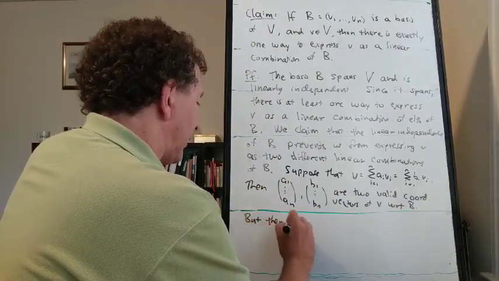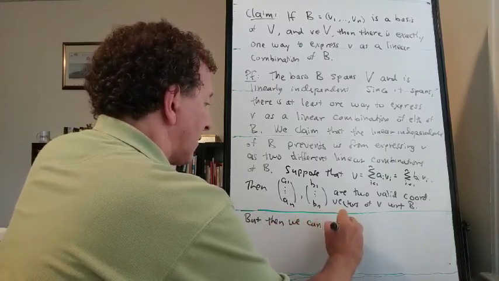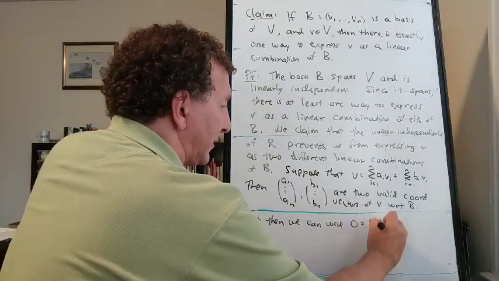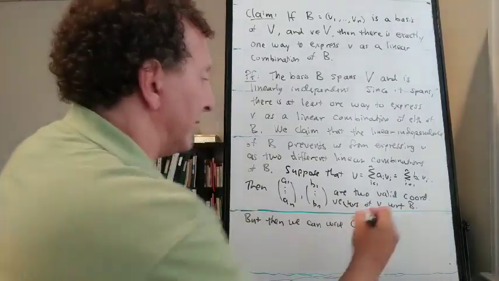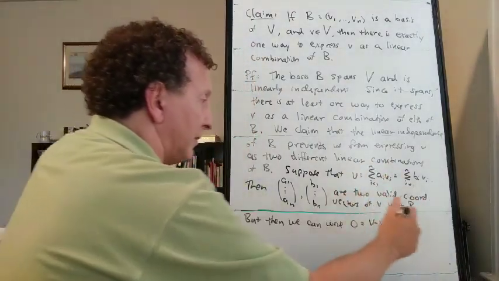But if that's true, then we can write 0, which is v minus v, as the difference between these two sums, because each one of these is v.